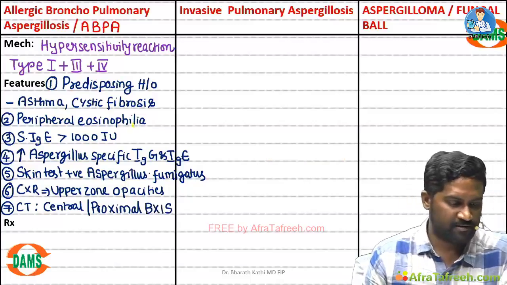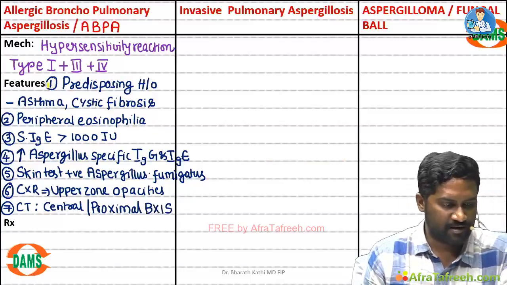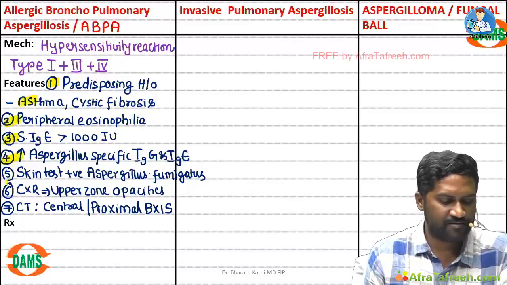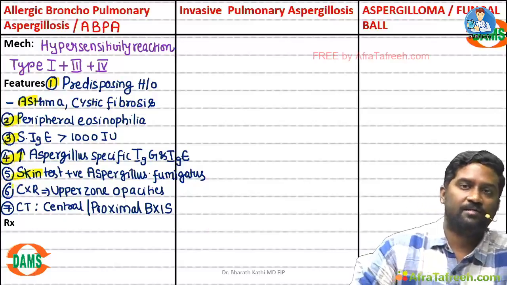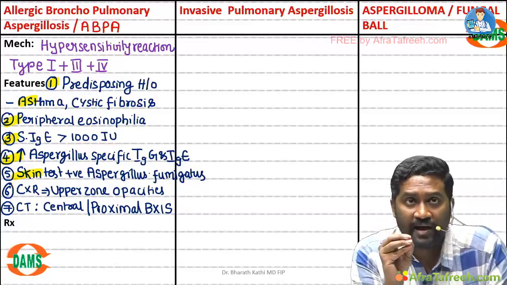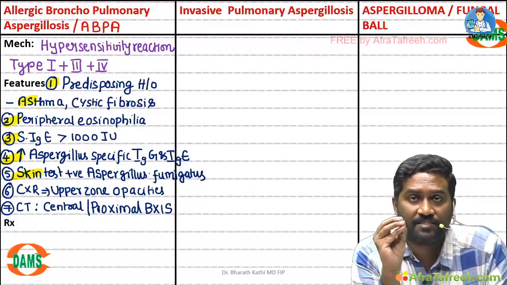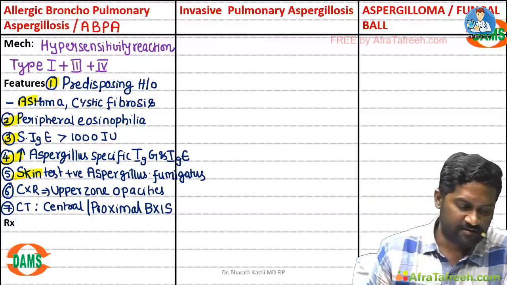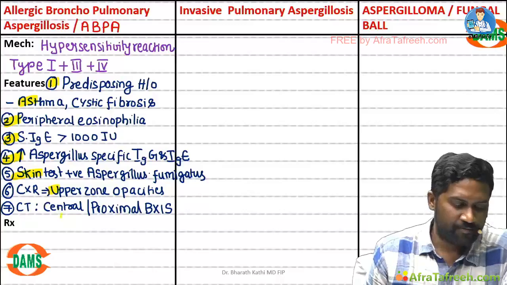Now if you notice here, students, predisposing conditions such as asthma, increased eosinophils, increased IgE, increased Aspergillus specific IgG and IgE, and skin test positivity all indicate a hyperimmune response against Aspergillus in this patient. The chest X-ray shows upper zone opacities.